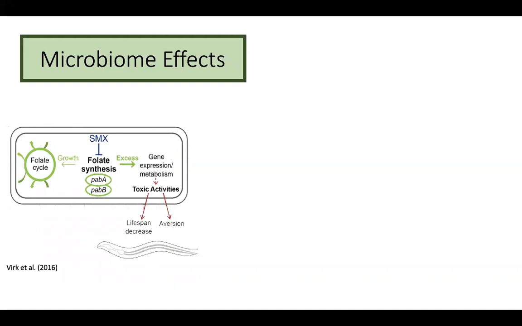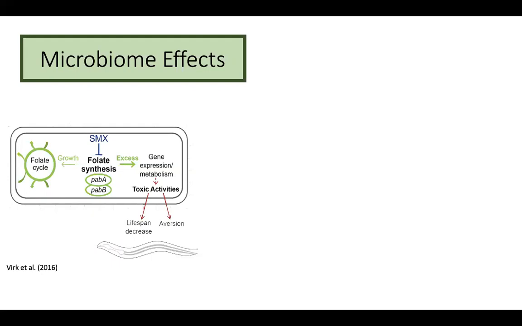But what makes SMX especially interesting is that it affects the bacterial folate production with consequences for its host. In humans, we need to ingest folates as we cannot synthesize it ourselves, and there's evidence that our gut microbiomes may be able to create these folates.